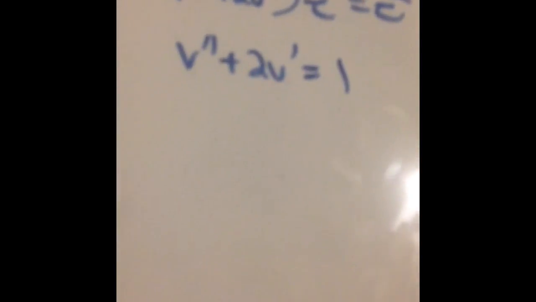And this should be minus, and that should be minus. So now we have v double prime plus 2v prime times e to the x equals e to the x, and then we would have v double prime plus 2v prime equaling 1.